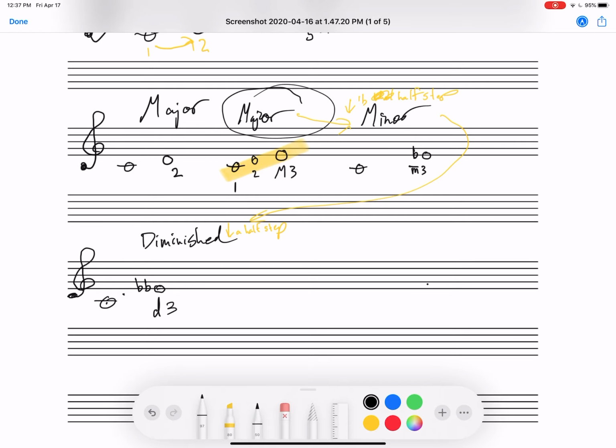All right, let's move the other direction now. We're going to go back from our major interval here, and we're going to go to augmented. Take a look at what that is going to look like. With our augmented intervals, we're going to build up from our major interval now.